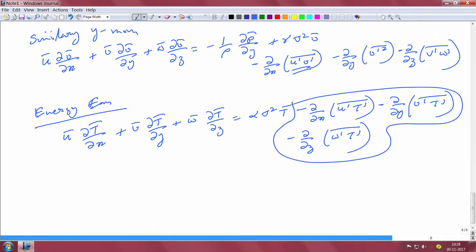So, basically what we have is 6 unclosed terms from the momentum, right, and we have 3 unclosed terms from energy.